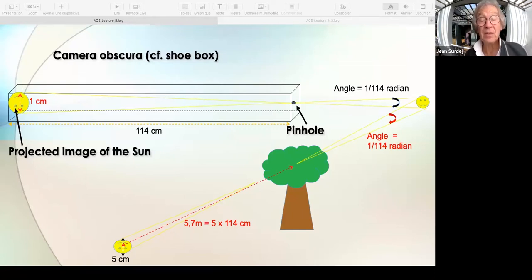So this is a very nice way to estimate the height of a tree. Just try to locate a solar disk projected on the ground, measure the diameter, and multiply it by 114. So 114 is like a magic number.